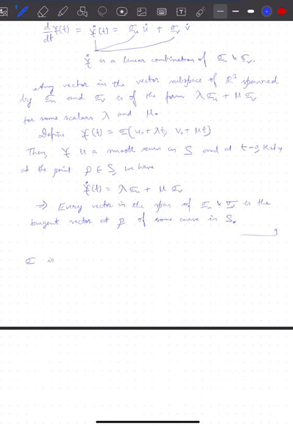Since sigma is regular, this implies that sigma u vector and sigma v vector are linearly independent as well.